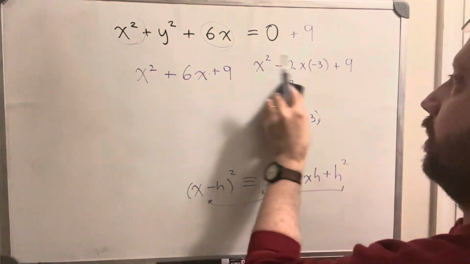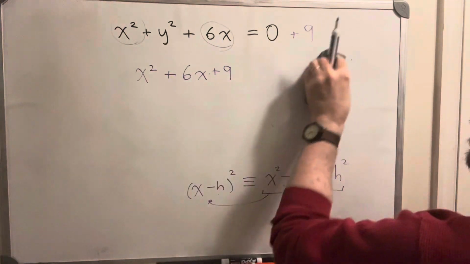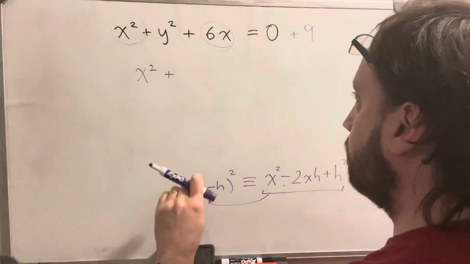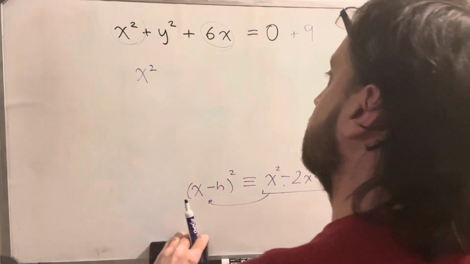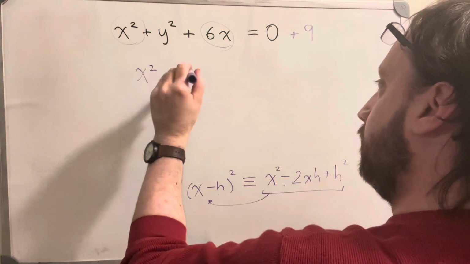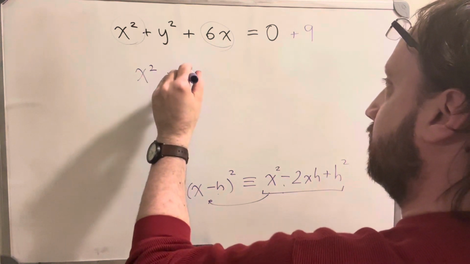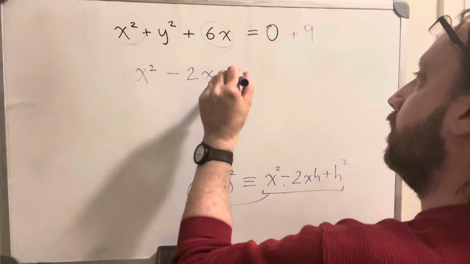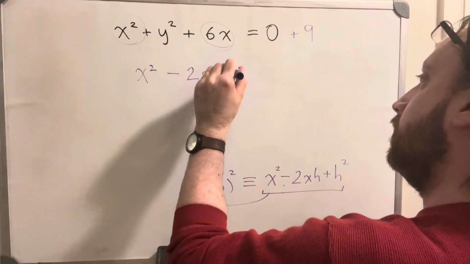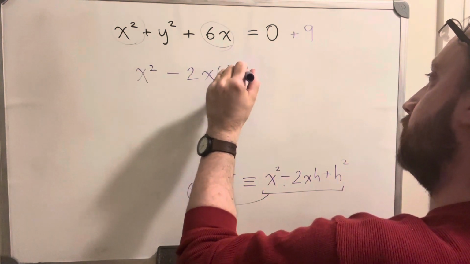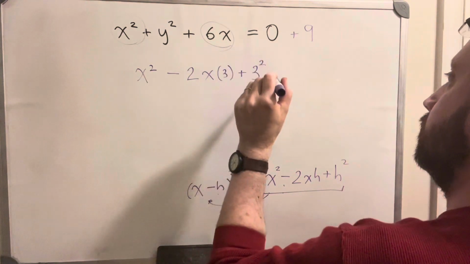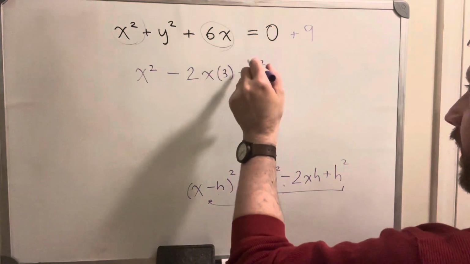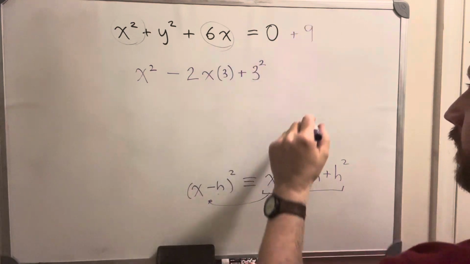Let's clear this out. We said that we can convert x squared plus 6x. We know that we added a 9 here, and we added a 9 to the other side.